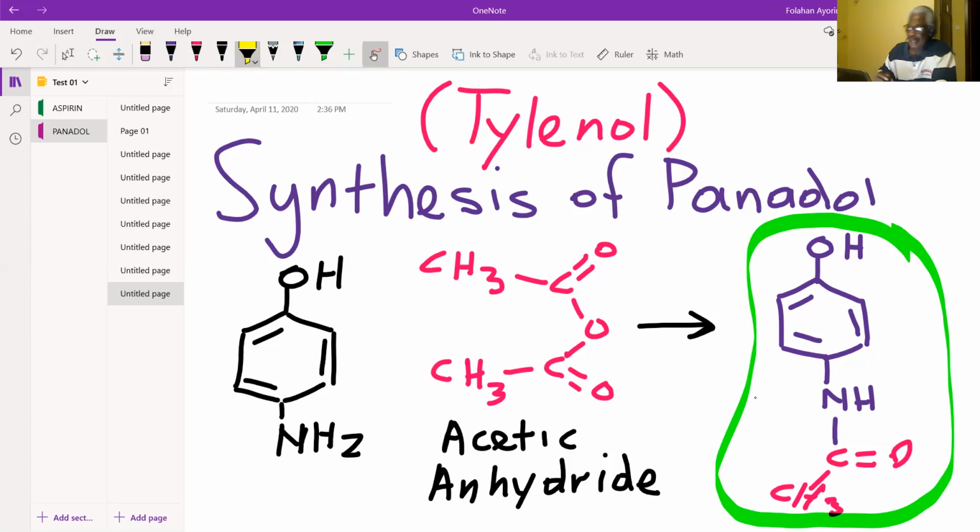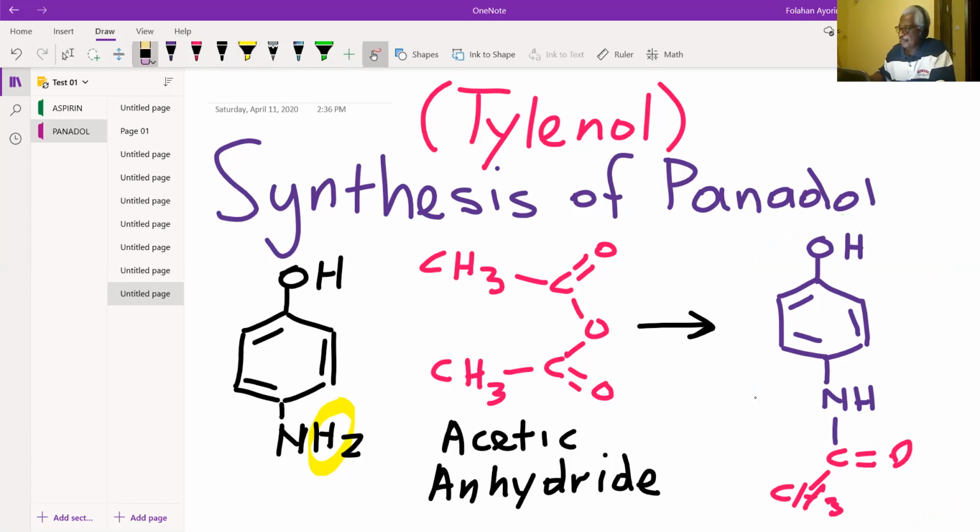What is actually happening here? We notice here one of the hydrogens attached to the nitrogen, one of these hydrogens here that is attached to nitrogen, has been replaced by this group right here.